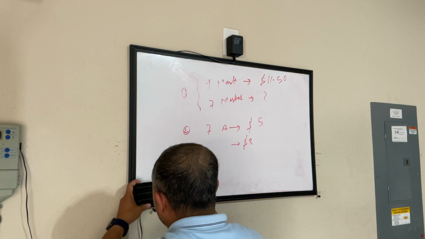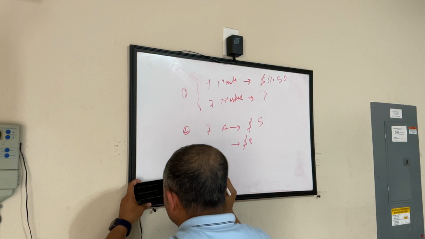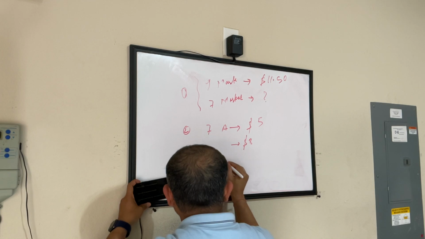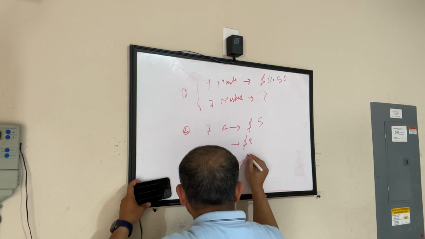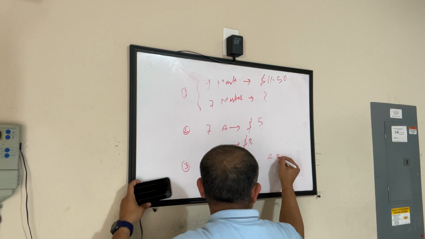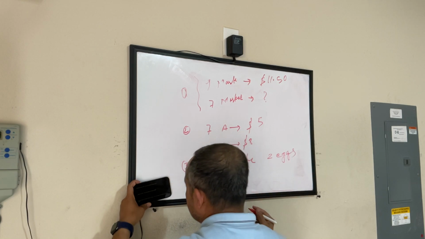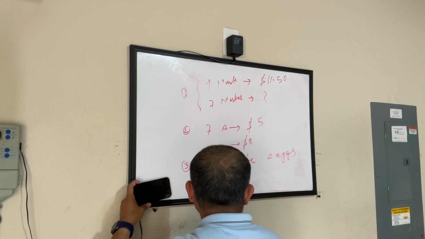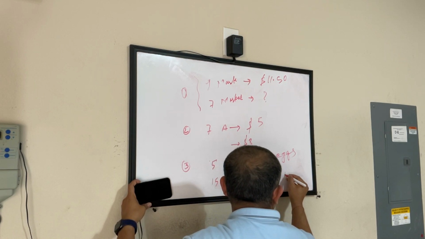Third one says a cake recipe for 5 people requires 2 eggs. How many eggs do we need for 15 people?